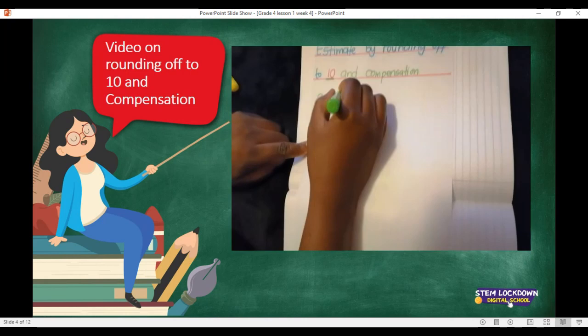So check there. I think the 150 is still for the previous one. So you can either round off 458 to the nearest 10 or 45 to the nearest 10.